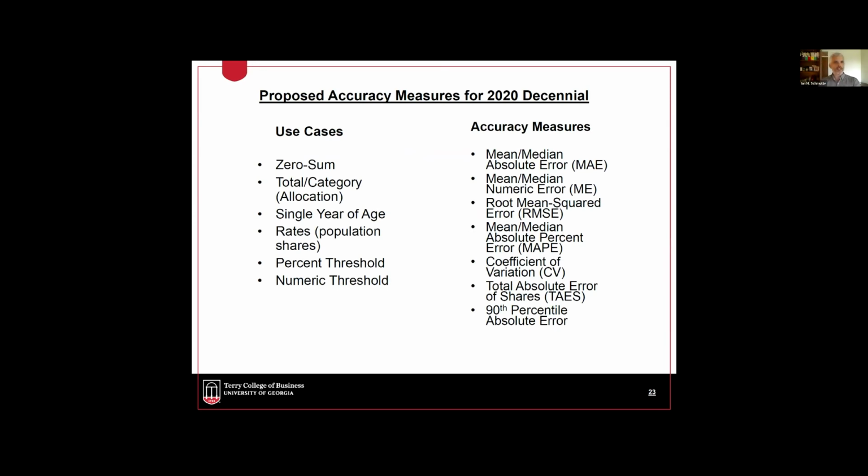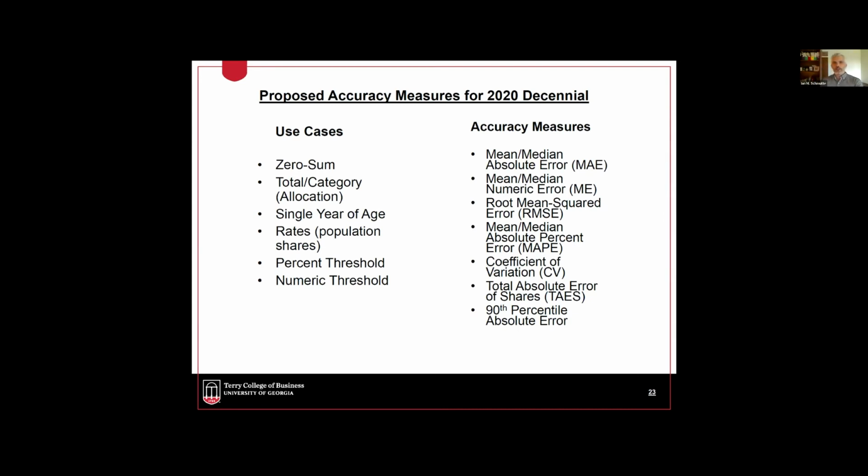In that document, they described, say, 6 different categories of use cases, say where you're allocating some resource, but there's a zero-sum total, or you're trying to allocate some total across different categories. You need to know information that's precise about a single year of age, and so on.